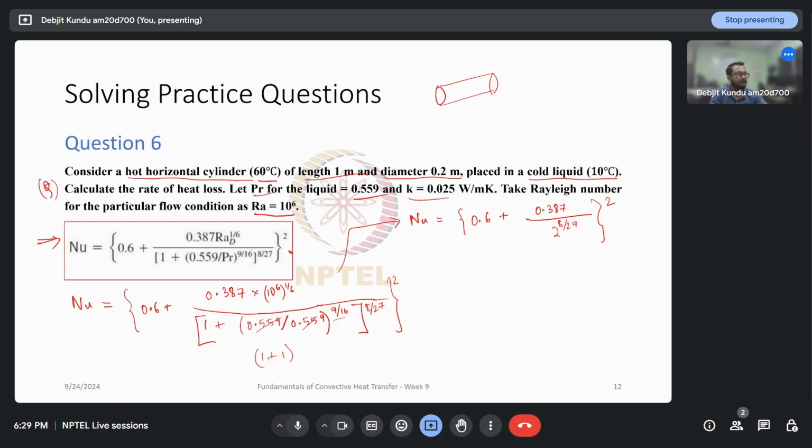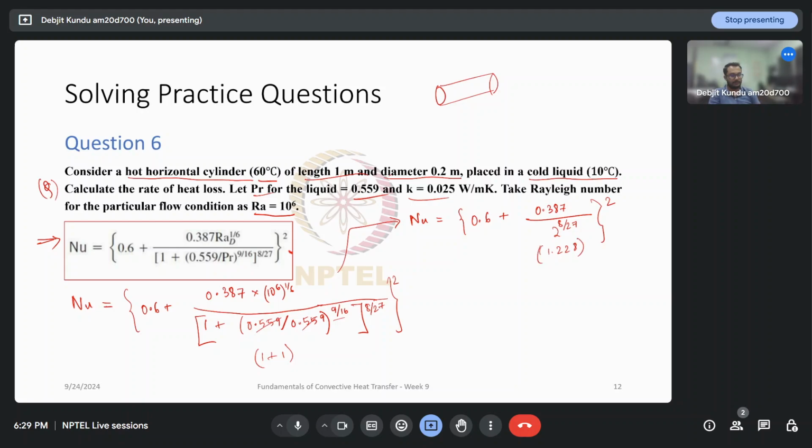So let me just quickly calculate this. I want 2 to the power 8 divided by 27. That is something like 1.228.